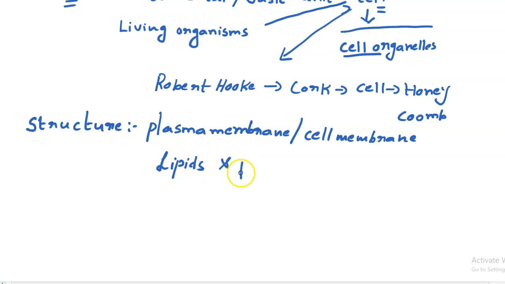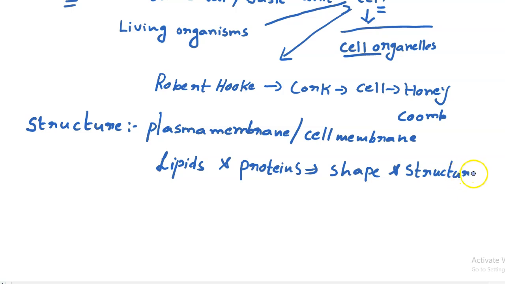These lipids and proteins help the plasma membrane to maintain the shape and structure of the cell. They also allow the plasma membrane to remain semi-permeable.